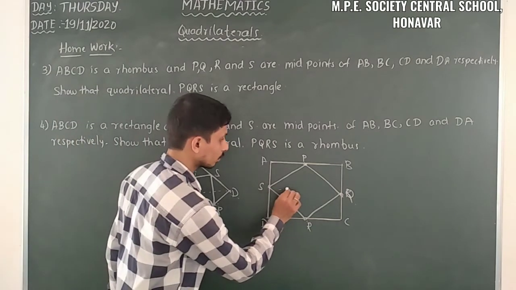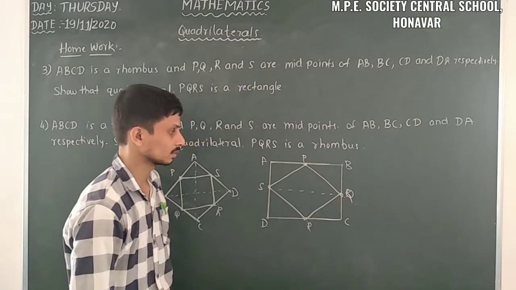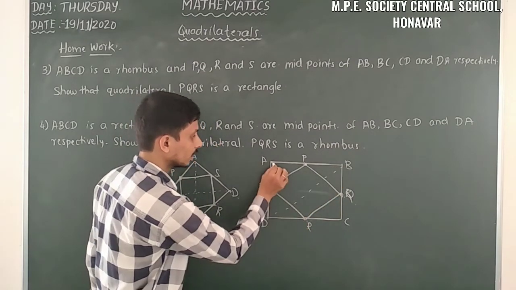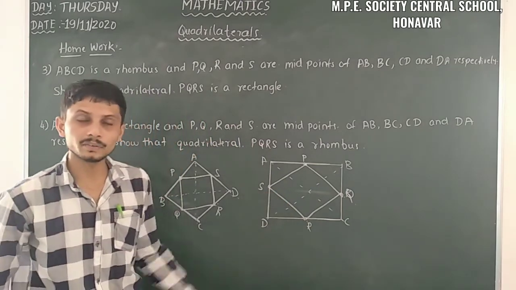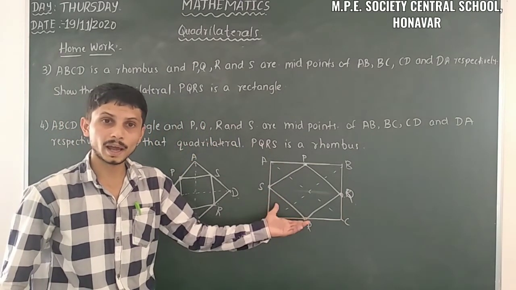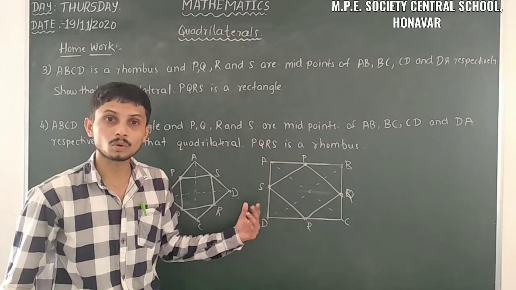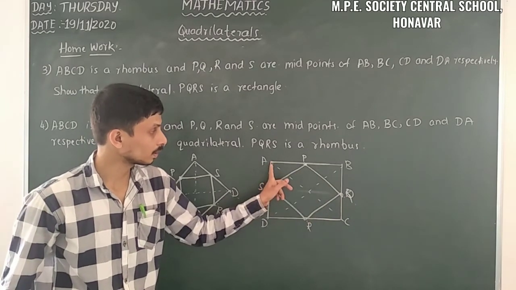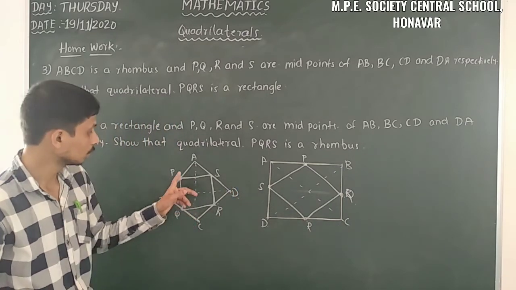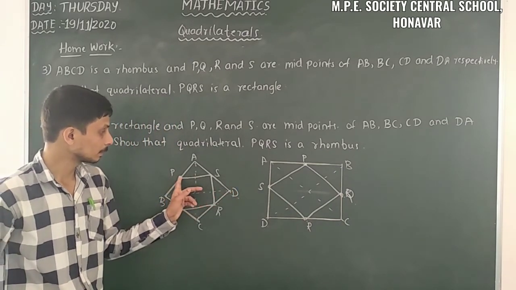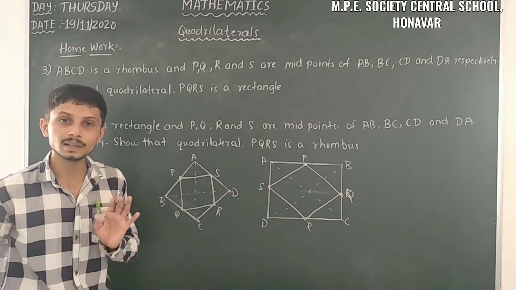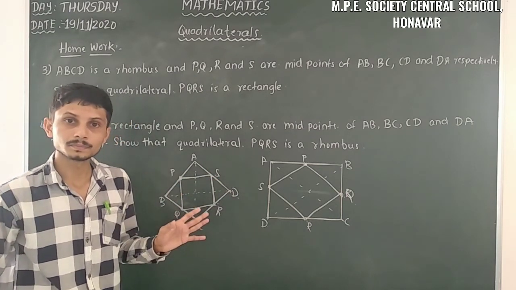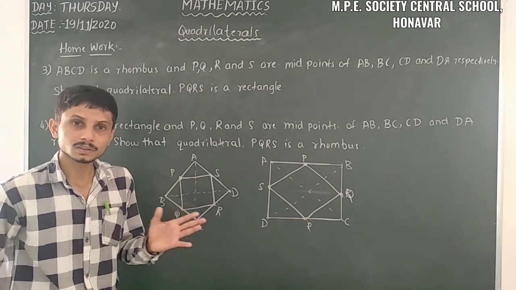Then here you can take one diagonal, and here also you have to take a diagonal, and with the help of the diagonals we have two congruent triangles. There we can take PQ is equal to half into AC. Here also PS is half into BD. Likewise we can take.